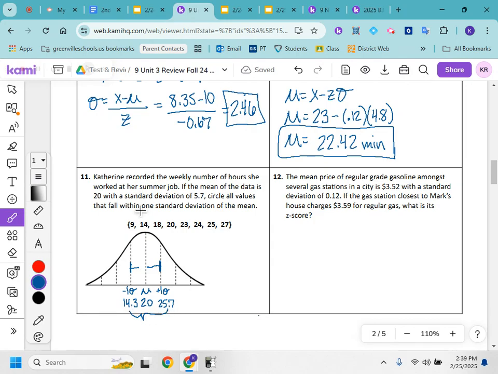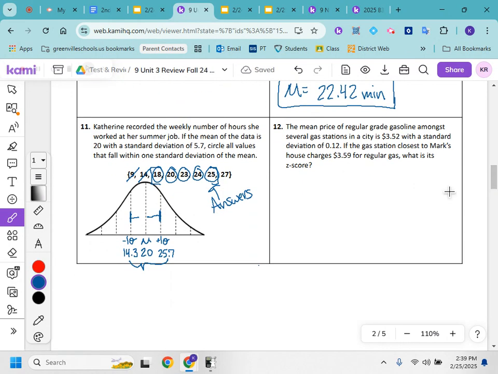That's one standard deviation. So 14 is in front of 14.3, so not that one, not that one. And 25 is in between. So circle all the values that fall within one standard deviation, all of these. So those 5 answers. That's one way to do it.